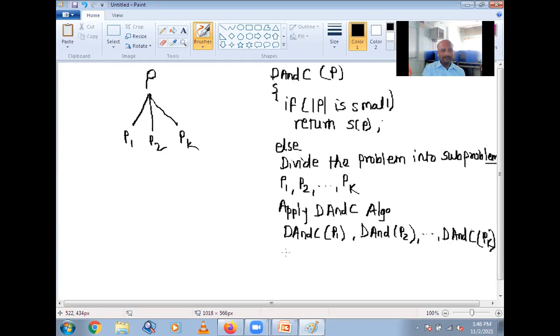Then recombine their solutions, that is solution of P1 plus solution of P2 up to solution of Pk, so that we get the final result of the given problem. This is the divide and conquer algorithm. In this algorithm, we have used the recursive algorithm.